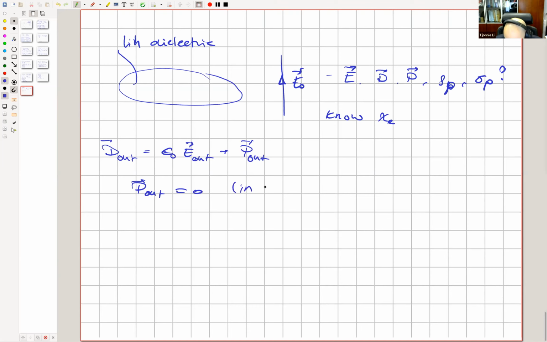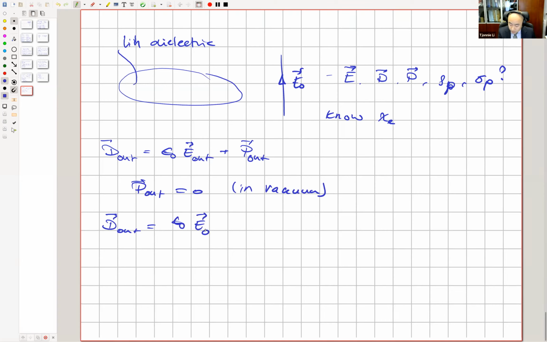So indeed D outside is just equal to epsilon naught E naught. That's step number 1, the easiest thing. On the outside, I have no material.